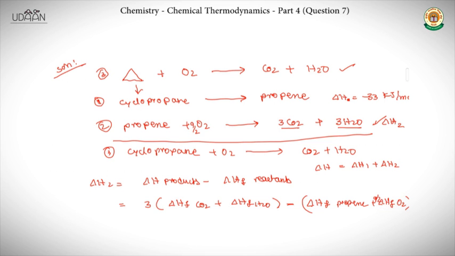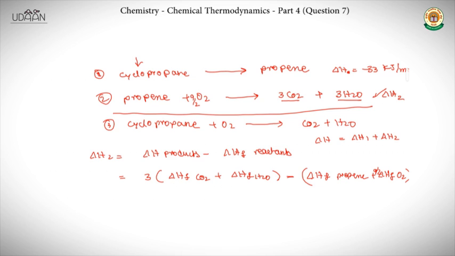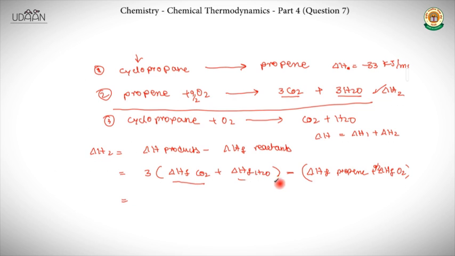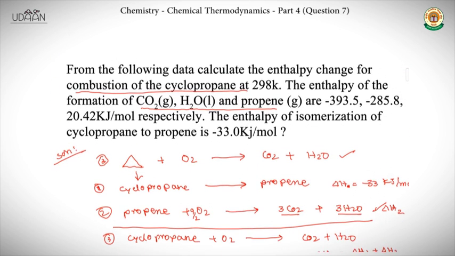So don't make these kinds of mistakes. We usually commit these kinds of mistakes here. Next, they gave us delta H of formation of carbon dioxide and water. So 3 into 393.5 plus 285.8, and for propene they gave 20.42.